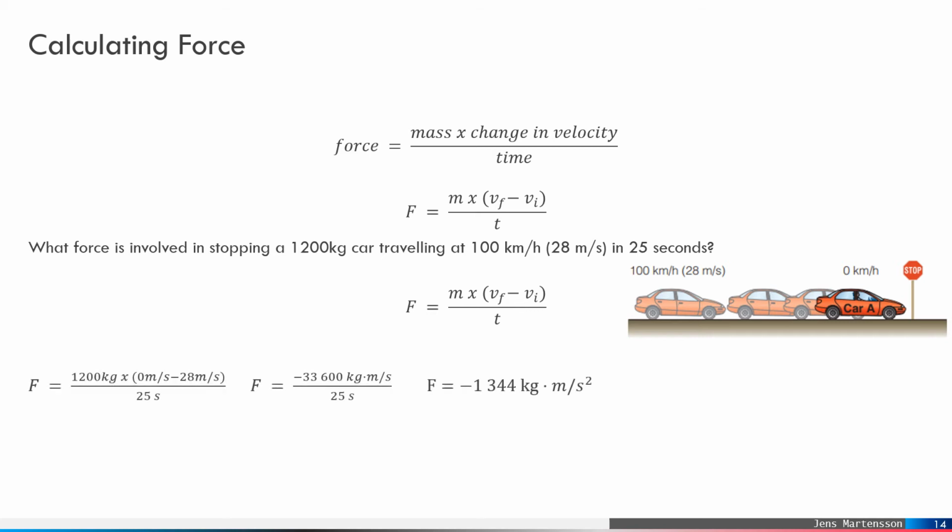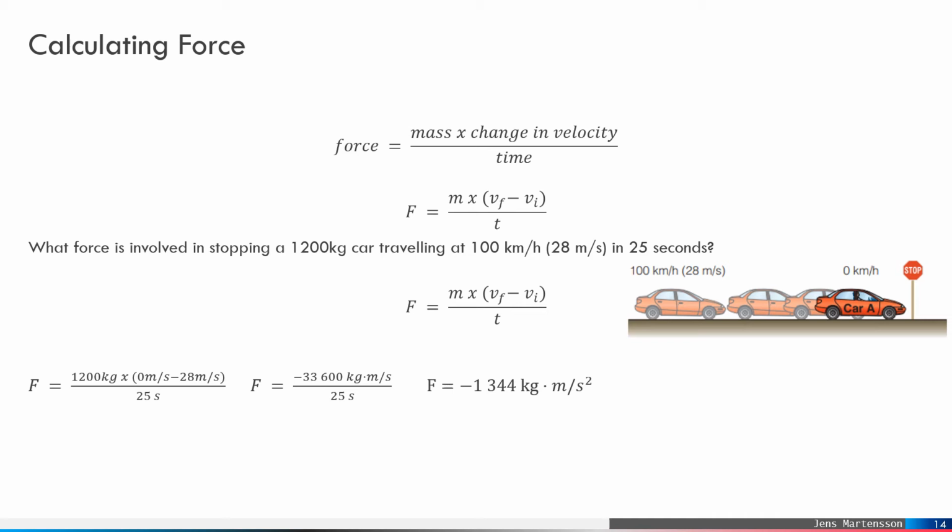As I walk you through it, you can see that I put in my mass in kilograms. I have my change in velocity, and my final speed was 0 because I'm stopping. Then I'm subtracting my initial speed, and I want to use meters per second where possible, okay? If it gives me meters per second, I'll use that one.